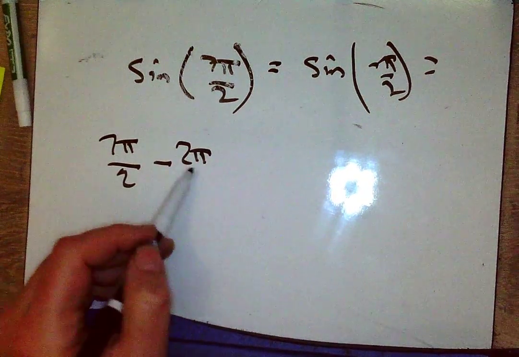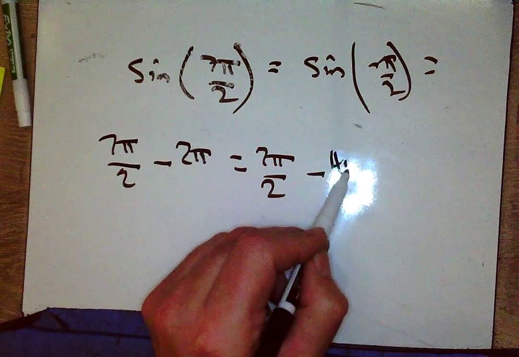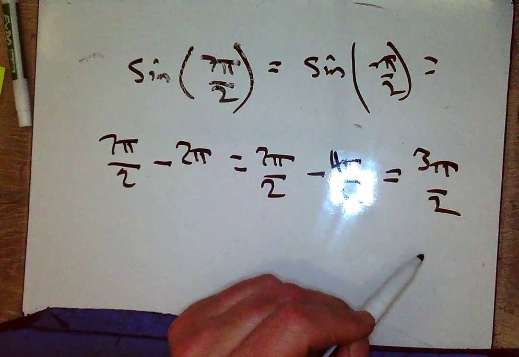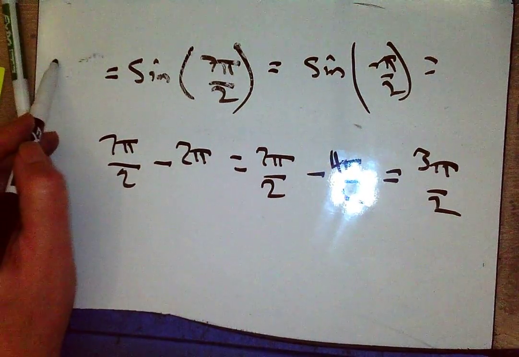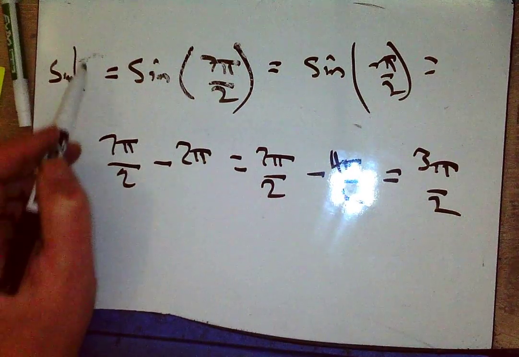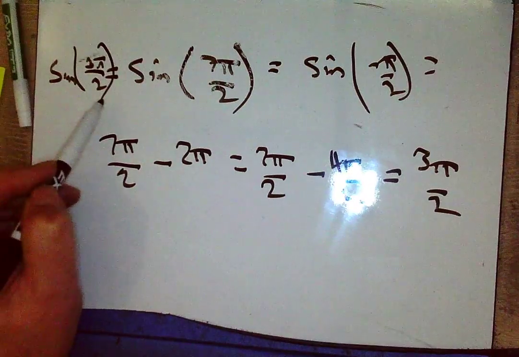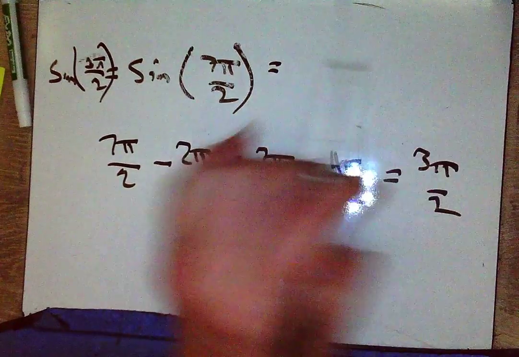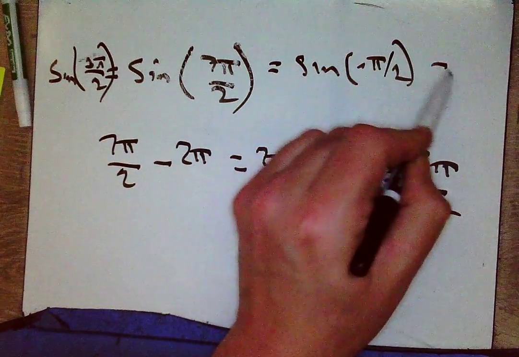Why don't we subtract 2 pi? So 3 pi over 2. So this that I'm comfortable with could also be the sine of 3 pi over 2. And what is the sine of 3 pi over 2?